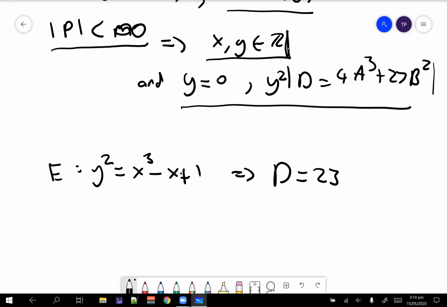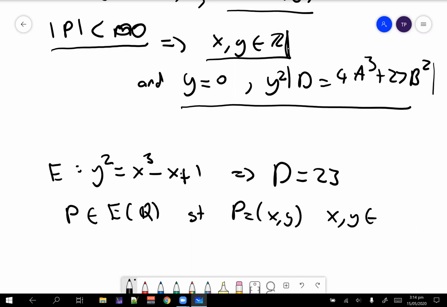So first of all, we want P to be on E over the rationals such that P equals x comma y, and both x and y are integers.